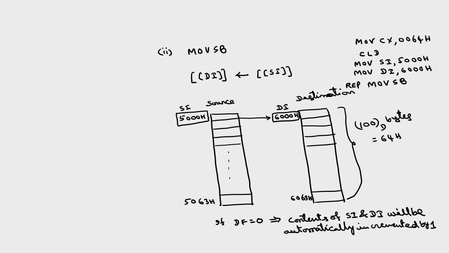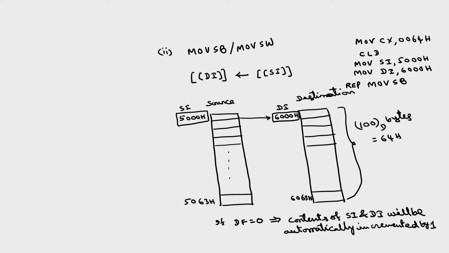Similarly, we have move string word also. So if I write move string word, then if this count is 64 words, a total of 200 decimal locations will be transferred, since a word is nothing but 2 bytes.